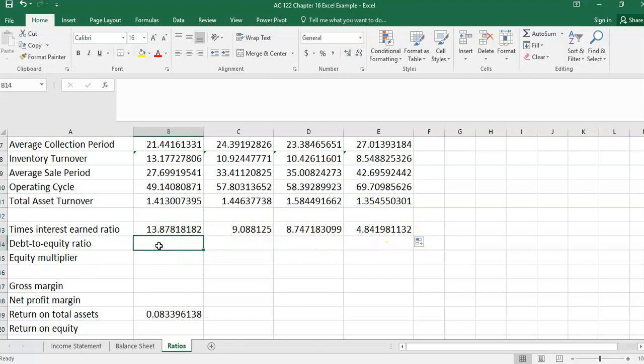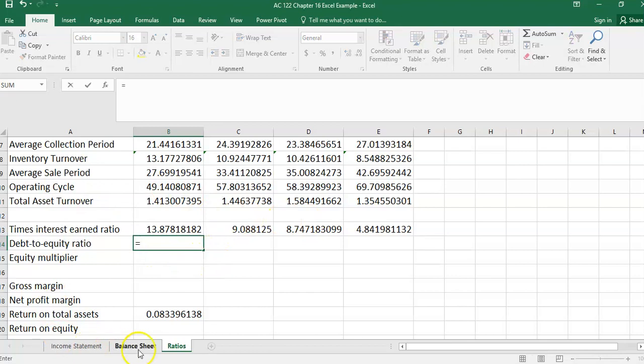Next, we're going to look at the debt equity ratio. So this is the amount of assets being provided by creditors versus the amount of assets provided by stockholders. So remember, debt is money that we owe out to people. Bank loans, bonds are all types of debt. And equity is what our owners have put into the company. So our stockholders, our retained earnings, things that the company has as investments.